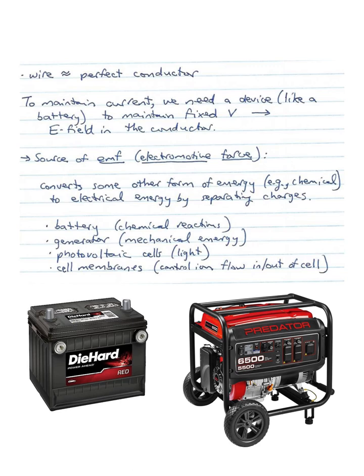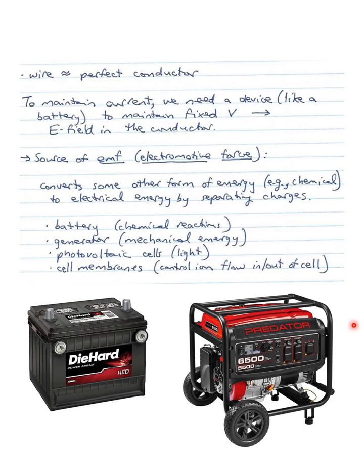And it'll be something that converts some other form of energy, for example, chemical energy, to electrical energy by separating the charges. So some examples are a battery. You see in the lower left hand, there's a car battery. A battery turns chemical energy through chemical reactions into electrical energy. Here on the right, you have a generator. A generator turns mechanical energy into electrical energy.